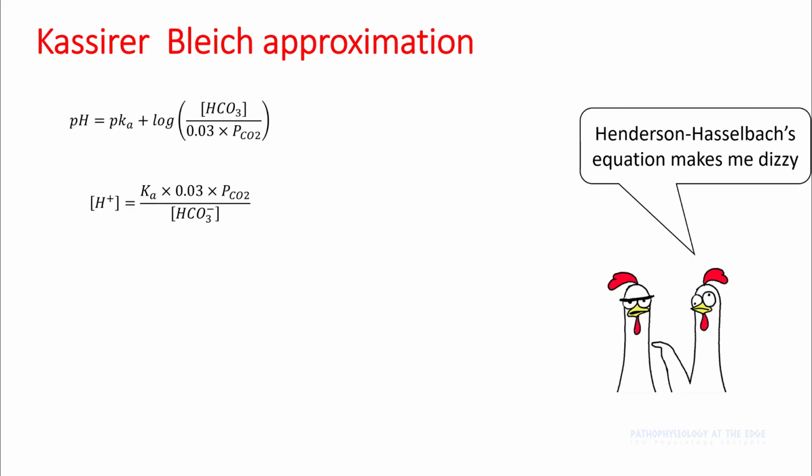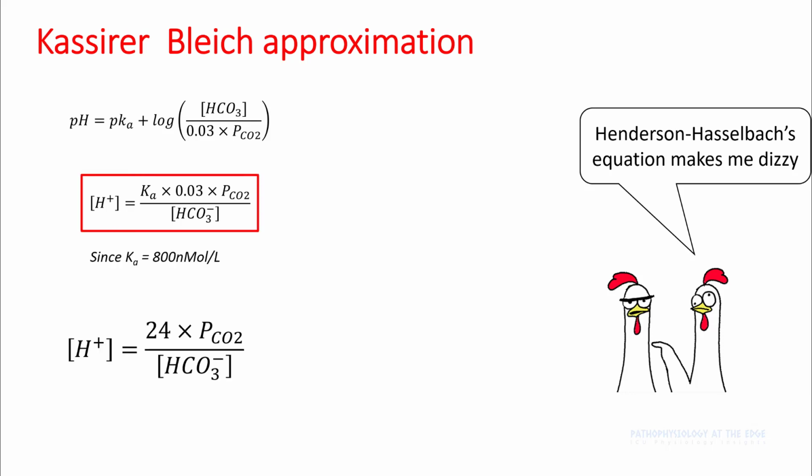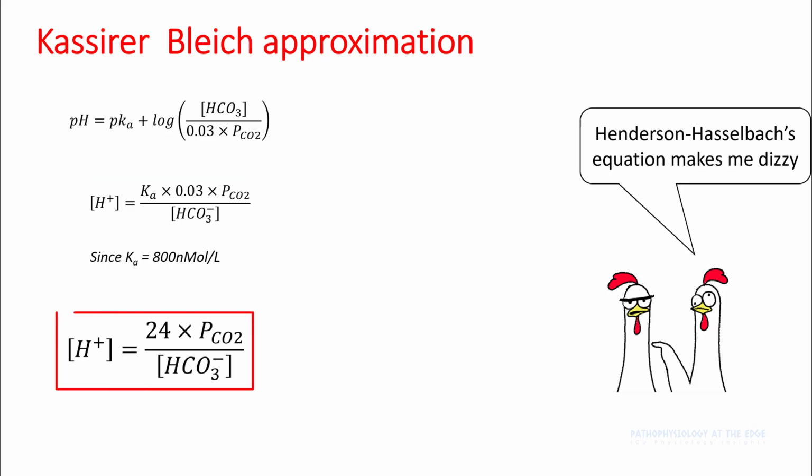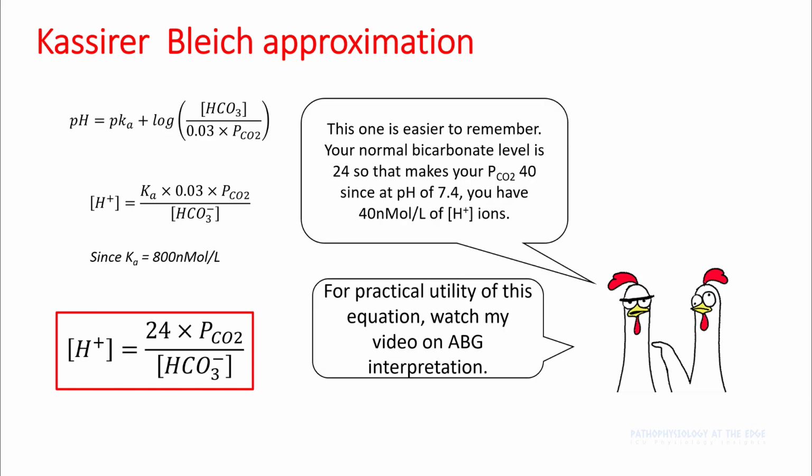Since the Henderson-Hasselbalch equation is a little difficult to work with, we'll try to take the log out, and if you take the antilog of this equation, you get this equation. And since your Ka equals 800, you get a very simple equation, that is your hydrogen ion concentration equals 24 times PCO2 divided by bicarb. And this is a very simple equation to remember because you know that your bicarb levels are around 24 and that gives your PCO2 to be 40.